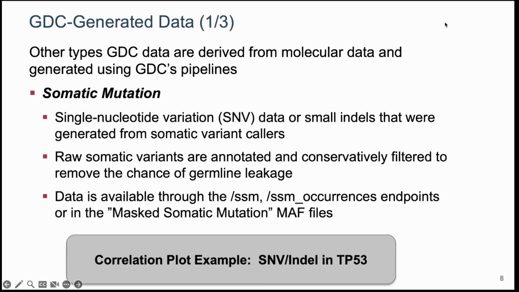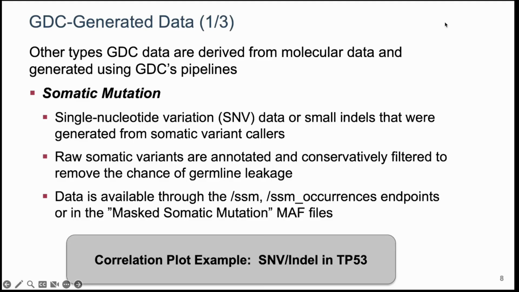Raw somatic variants, usually in VCF format, are annotated with information about the consequence, which gene it affects, and then they're conservatively filtered to remove the chance of germline leakage. At all of these steps, the files are available, but the information that is used in the correlation plot is the end result of this pipeline.